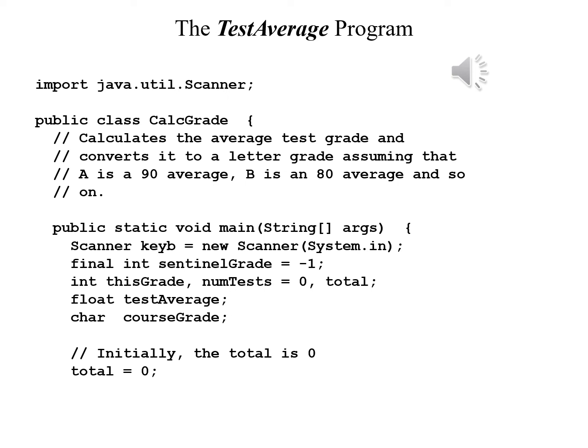I now declare the integer variables: int thisGrade, int numTests = 0, total. I declare the float variable testAverage and char courseGrade. I did not give an initial value to total before, so I do it now by writing total = 0.